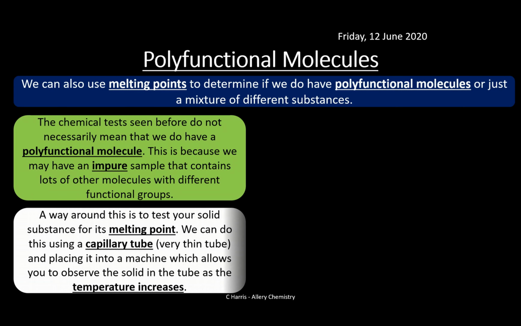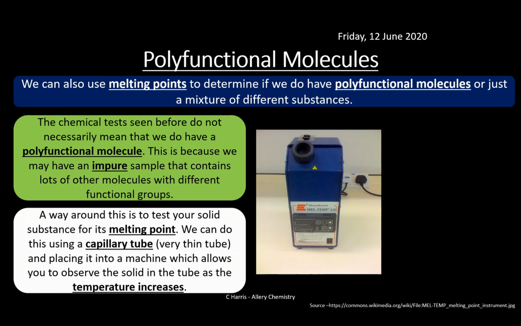So we can actually get around this by using a melting point apparatus, and we can test our solid by putting it into an apparatus like this. Now before we do that, we use a very fine tube, a capillary tube, which we tap gently like this against our powder, and the powder starts to migrate its way up the capillary tube. It's a really, really thin glass tube.